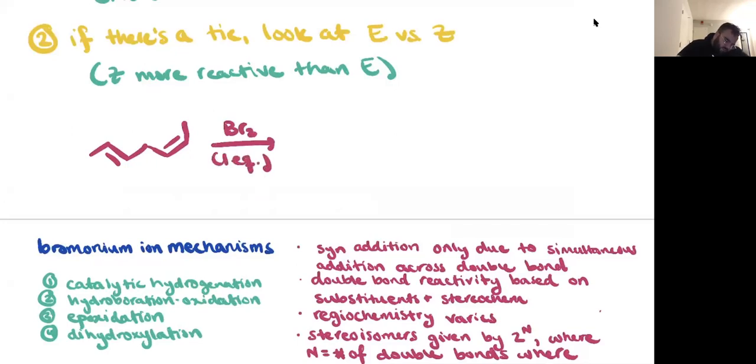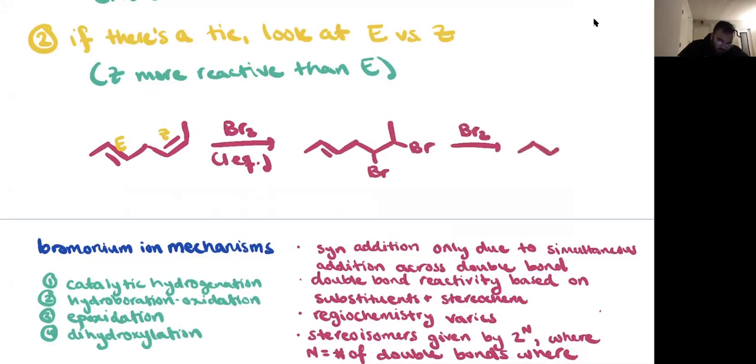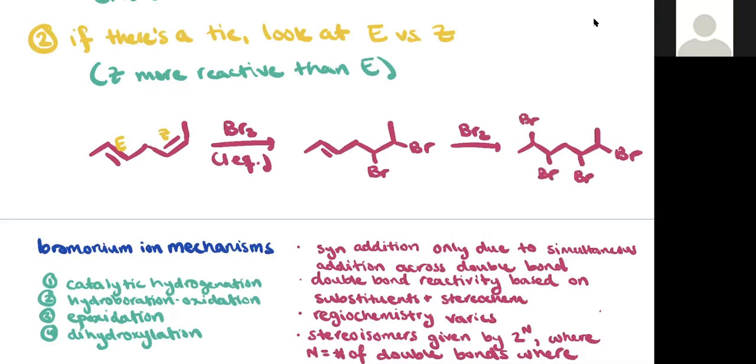Well, you see that I have Z over here and E over here. Z would be the more reactive one of the two, so you would react first. Then your second equivalent would just come in and add here. Okay, thank you very much.